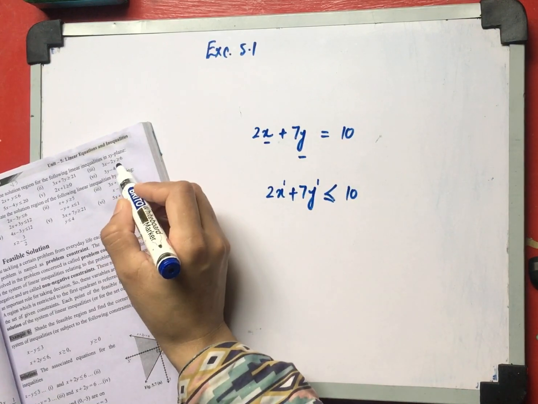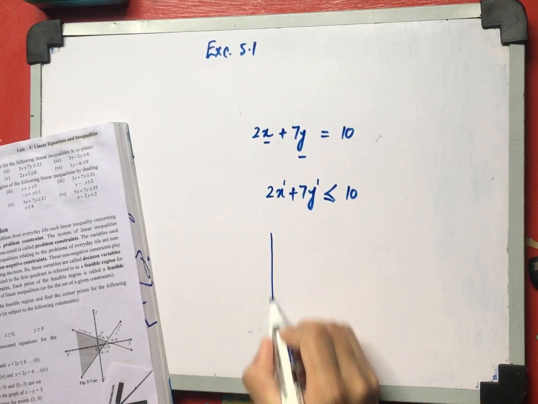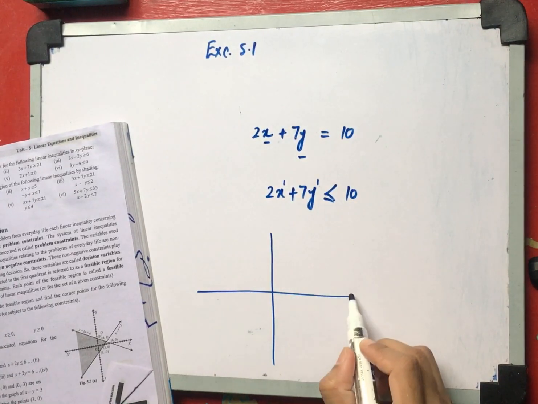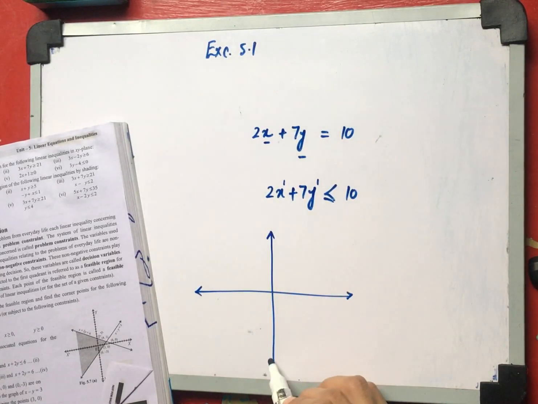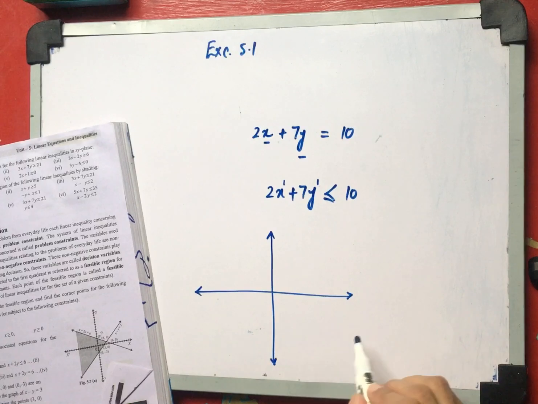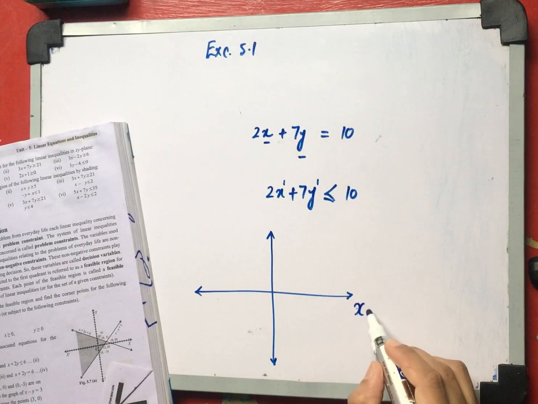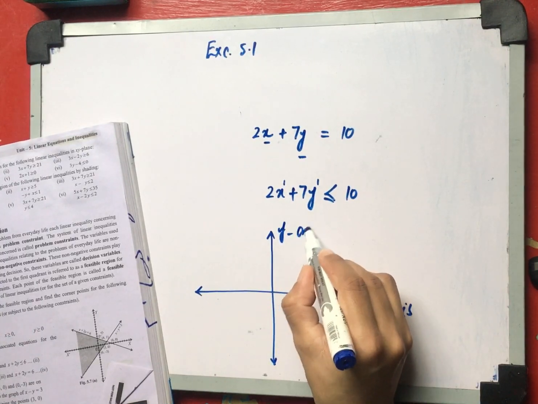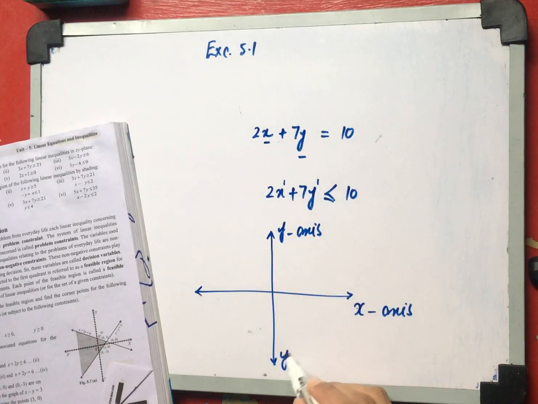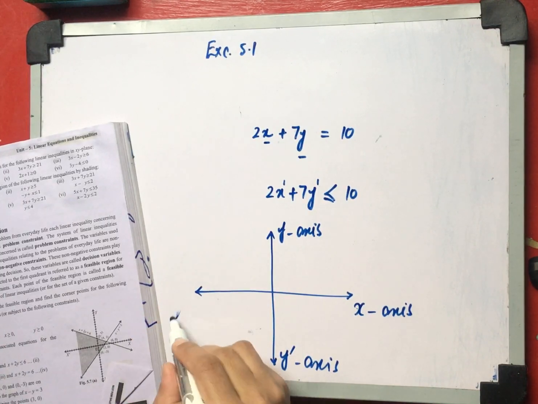The next is the xy plane. What is the xy plane? The xy plane means you have a Cartesian plane. And what is a Cartesian plane? The xy plane consists of 4 quadrants. This axis is known as the x-axis, this is our y-axis, this is the y prime axis, and this is the x prime axis.